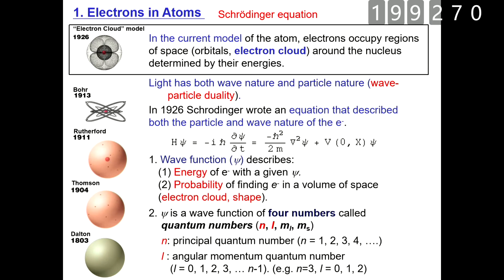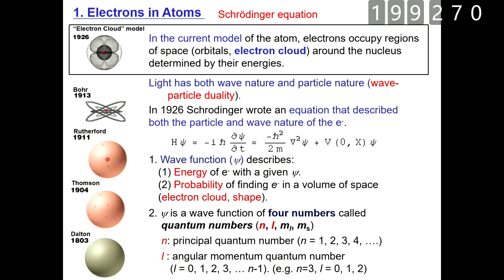For example, if n is 2, what can the l number be? 1, and 0. Yes, because it can be from 0 to n minus 1, so definitely it can be 0. If n is 1, this means l can only be 0, right?